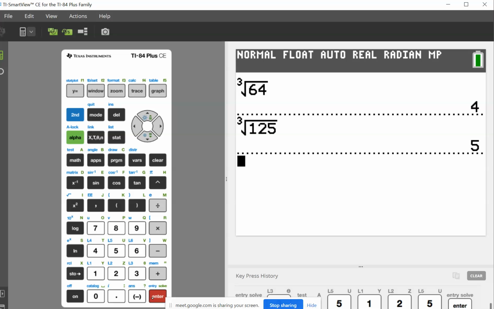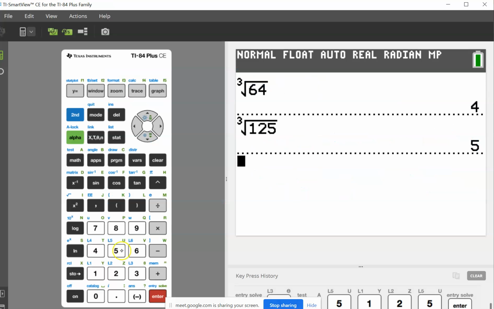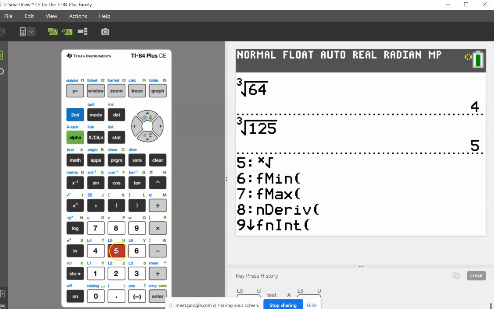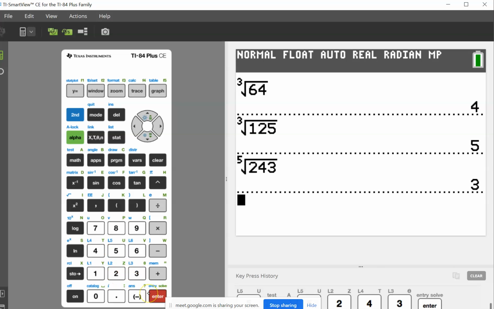Let's say I wanted to do the fifth root of 243. On the calculator, I'm typing in the index first, math, choose number 5, type in the 243, and then I get my solution here, which is a 3.